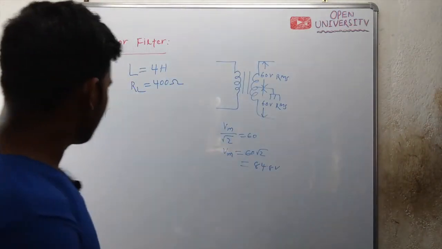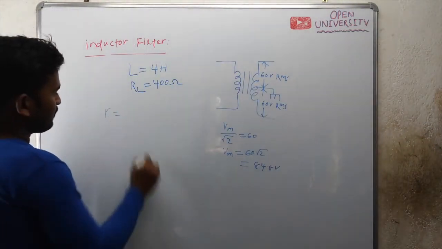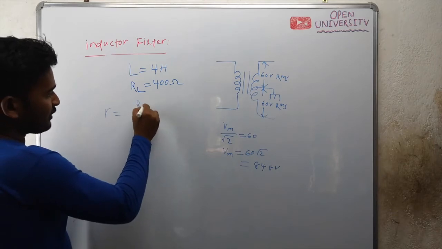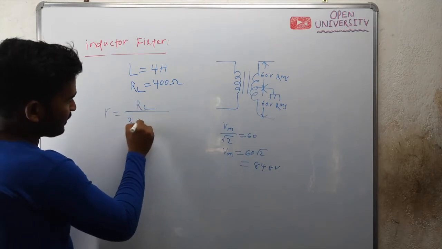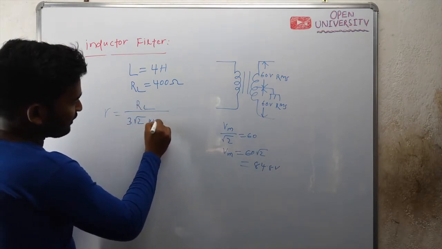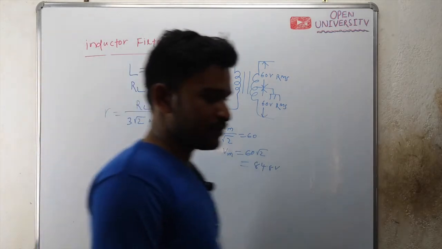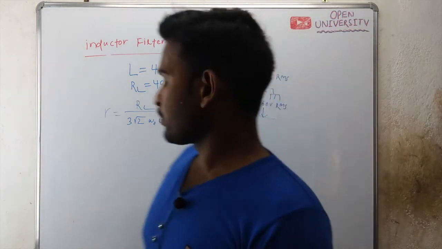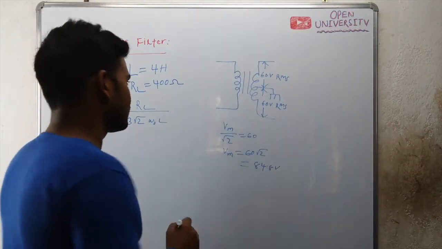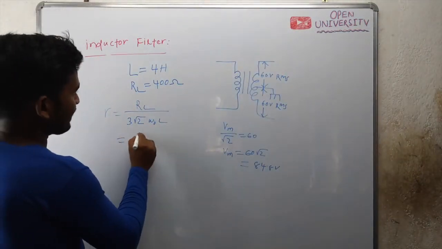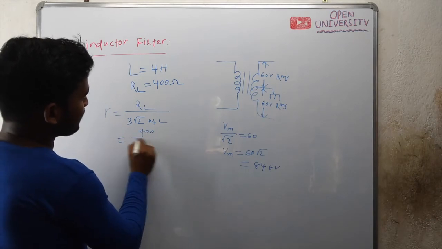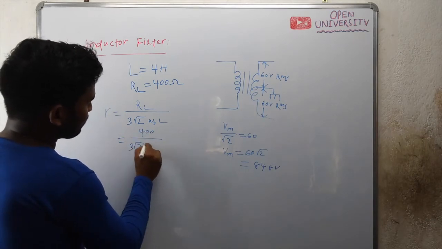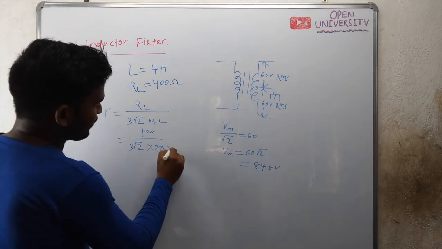What is the formula for ripple factor? Formula is gamma equal to RL by 3 root 2 into omega naught L. What is omega naught? Omega naught equal to 2 pi f naught. RL value is 400 ohm divided by 3 root 2 into 2 pi into f naught. What is f naught?